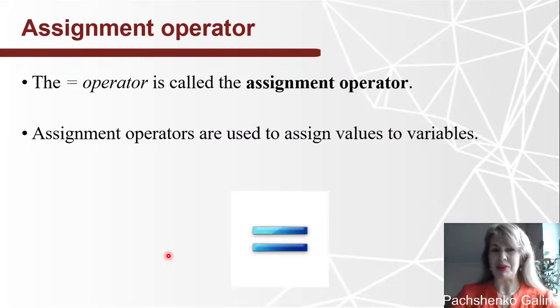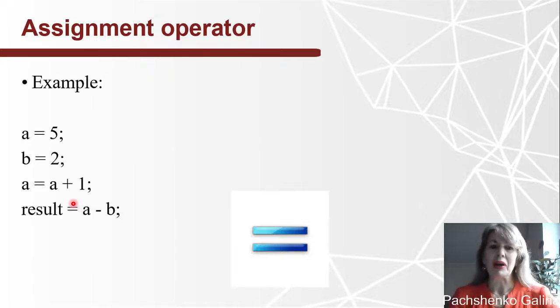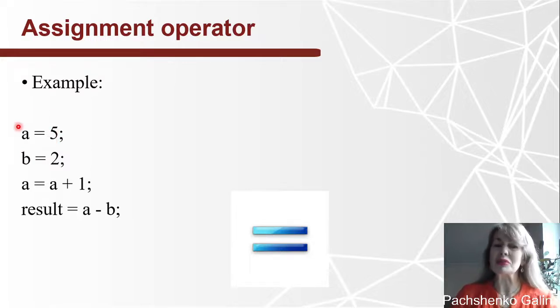Assignment operator. The equal sign operator is called the assignment operator. Assignment operators are used to assign values to variables. Example, here in this line we assign a value 5 to variable a, and here in this line we assign a value 2 to variable b.